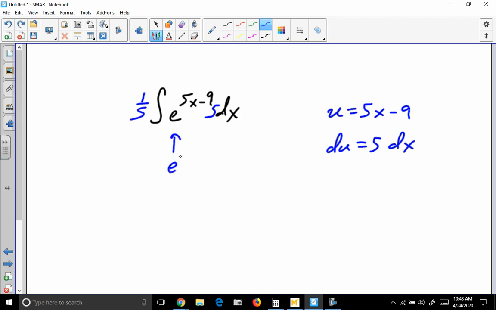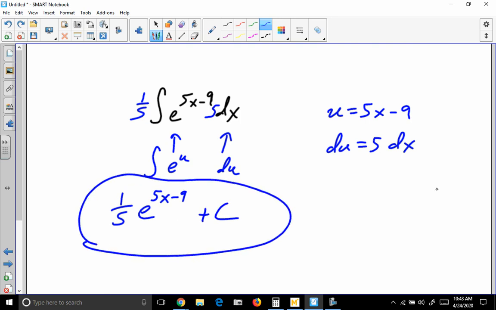That would make this e to the u, and that would make this du. So we would have 1/5. The integral of e to the u du is e to the u, and our u is 5x minus 9. So if we can make it e to the u du, then we can integrate it.